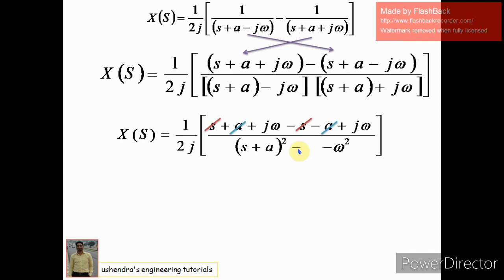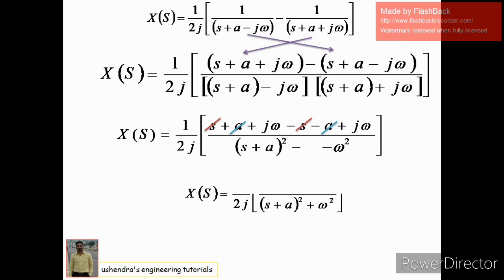Remember, this negative and this negative are to be multiplied, and removing all the terms which are to be cancelled in the numerator, we have X(s) equal to 1 upon 2j and (s plus a) whole squared, and multiplying these two negatives results in positive omega square in the denominator.